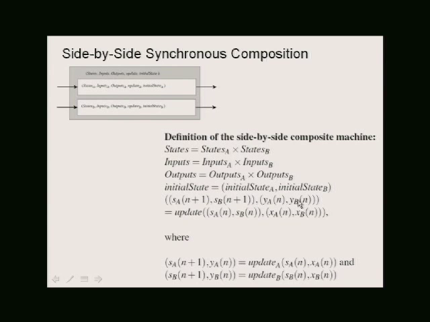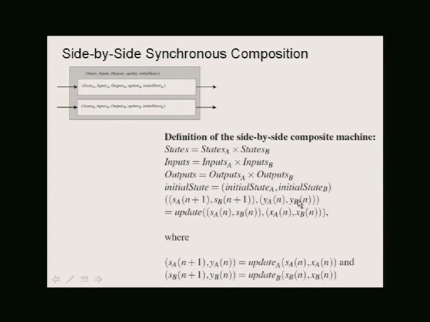And so what this is saying is that you get this update function for the combined machine by just applying the individual update functions for A and B. The way you get S_A at n plus 1, the first component, and Y_A at n, the first part of the second component here, is by applying the update function for A on its state and its input.